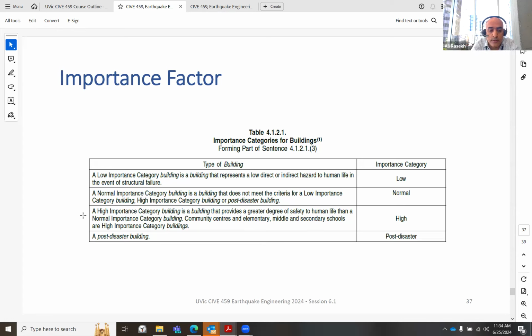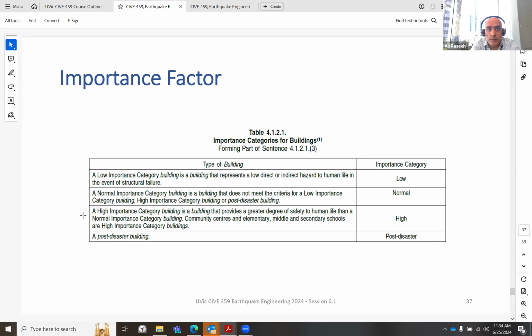A post-disaster building, or a structure for us, it says building, but really a structure is everything that we think should survive a major earthquake, like really remain functional, operational after an earthquake, like a major bridge. If the bridges are cut, then we cannot really bring in food for people. Like, say, the city of Vancouver is surrounded by bridges.